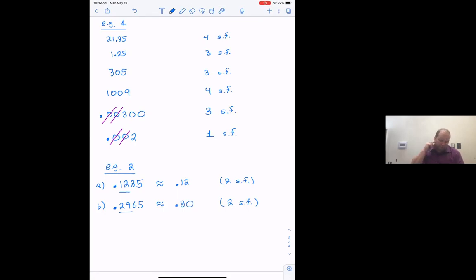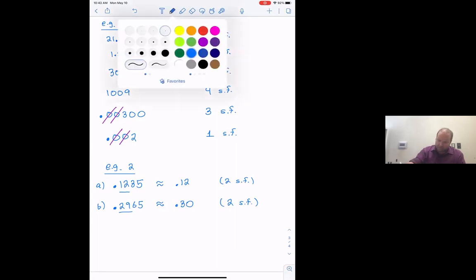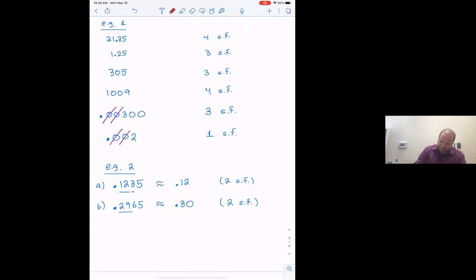And you might ask yourself, well, what's the difference between the 2 cases? And the answer is, it's all about what comes next. If you look at 3, that's on the lower end of the 0 to 9 spectrum, which means 0.12 is closer to this number than 0.13 is. I'm not going to round up, which is so far away from 3: 4, 5, 6, 7, 8, 9, 0. I've got to go all the way to the top, whereas down it's a lot closer: 2, 1, 0. So you always round to the closer number.